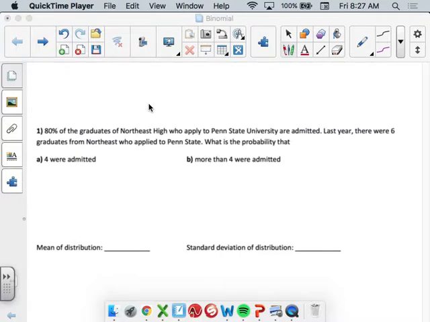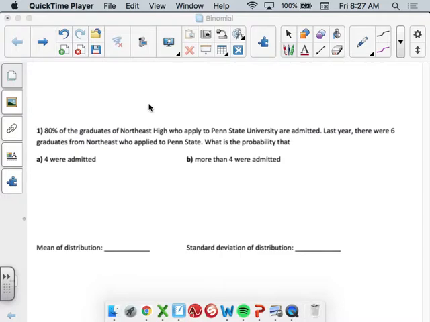Last year there were 6 graduates from Northeast High School who applied to Penn State. What's the probability that 4 were admitted? What's the probability that 4 out of 6 of these students were accepted if 80% is our probability year to year, person to person?